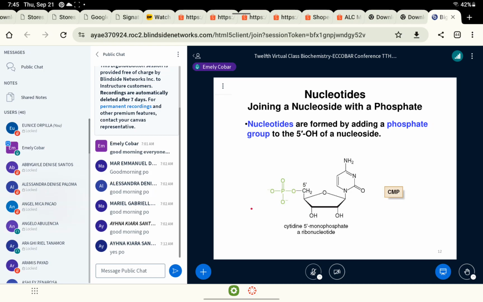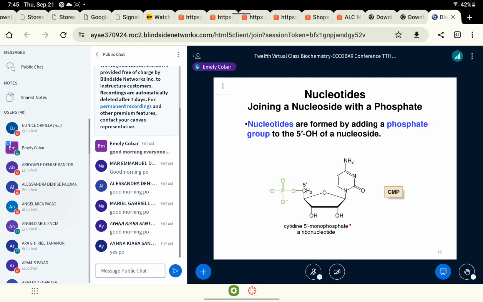Okay, now, how do we name it? We simply add the word monophosphate because there's one phosphate group added to carbon number 5. So, the name kanina ng nucleoside, cytidine, and then add 5 prime dash monophosphate. So, this is now a nucleotide, specifically a ribonucleotide because we have ribose as the sugar. Okay? And then, of course, ang haba ng pangalan, there is an abbreviation for this.